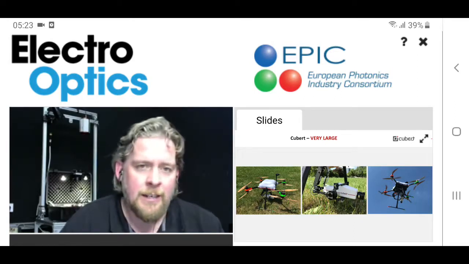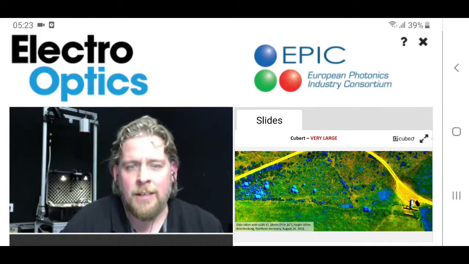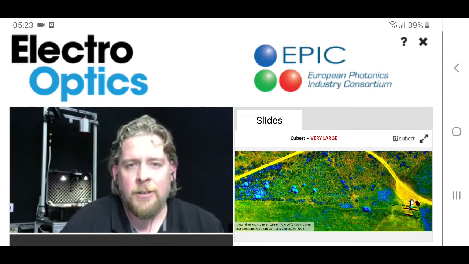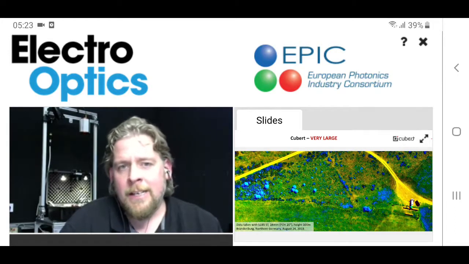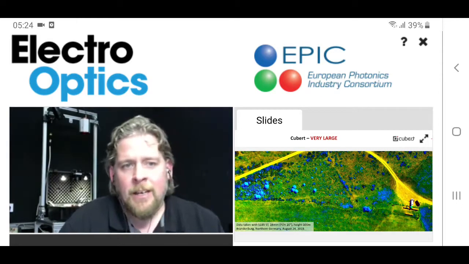Here you see a stitching algorithm which generated a hyperspectral map of an area, and here you see the calculation of the plant health. This snapshot technology makes the work very easy.